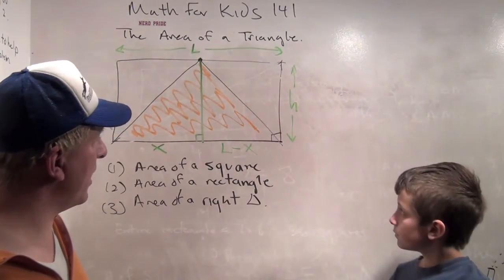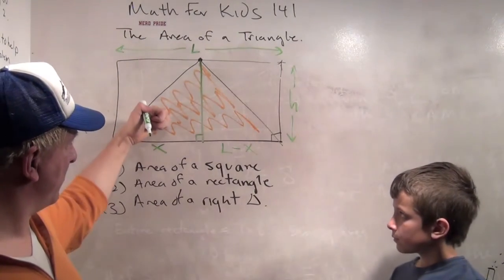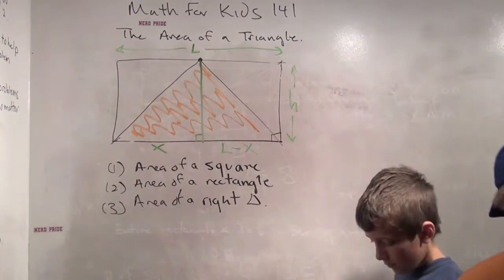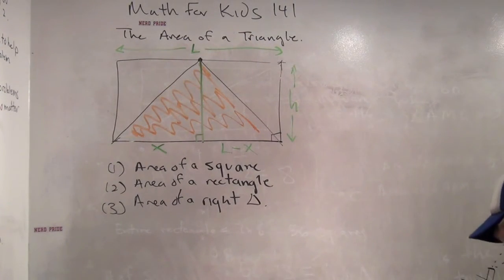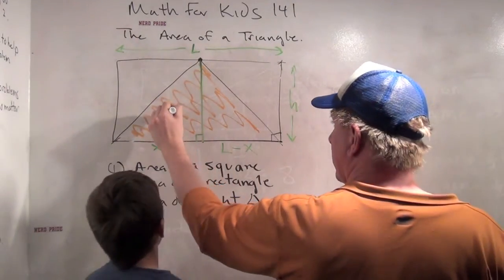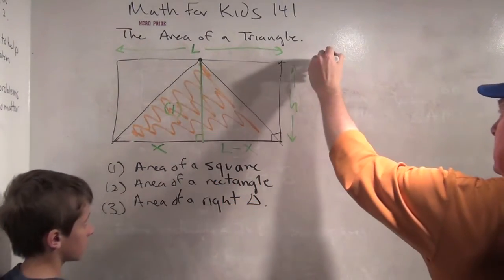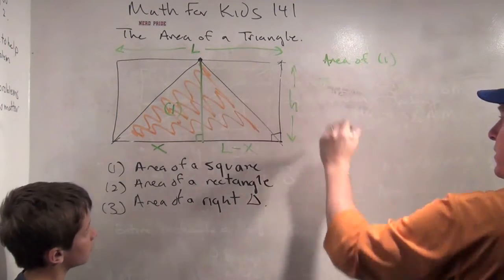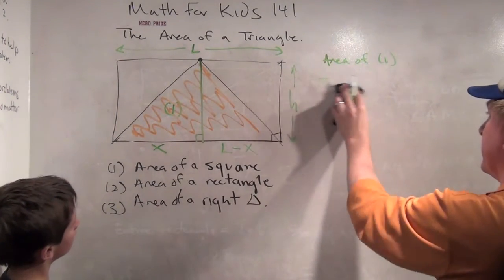Okay? So our area of this right triangle is, can we switch positions? Here, jump off your chair. The area of right triangle number 1 is what? What is our formula for area of right triangle number 1?